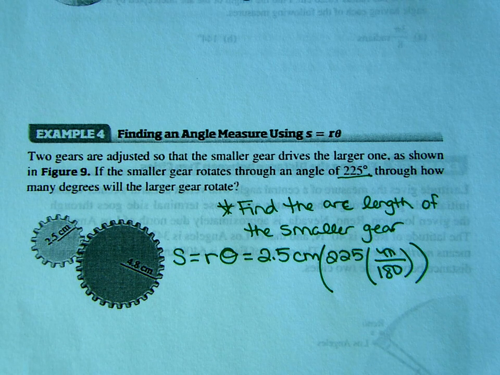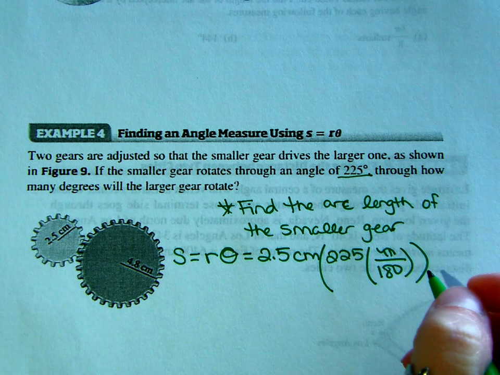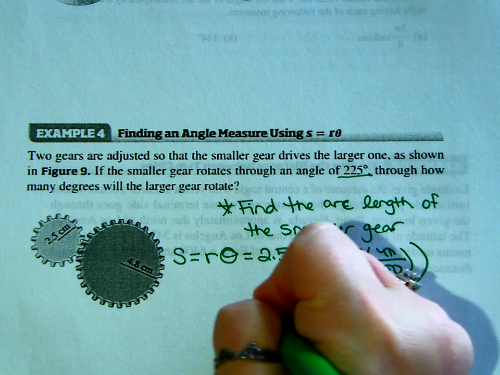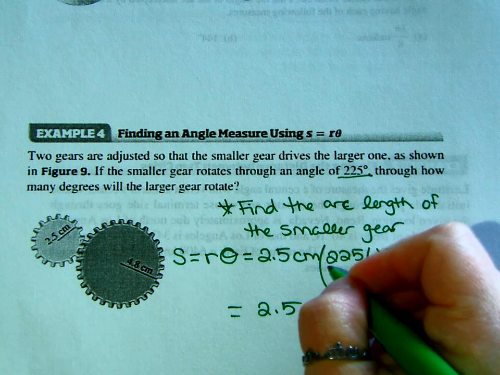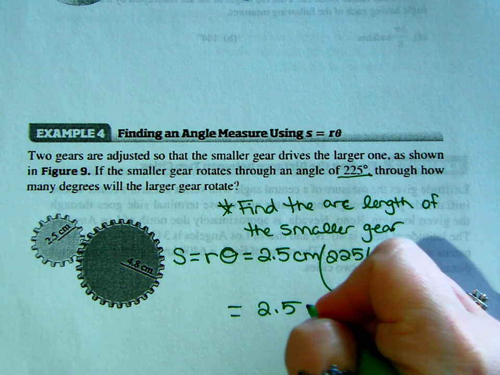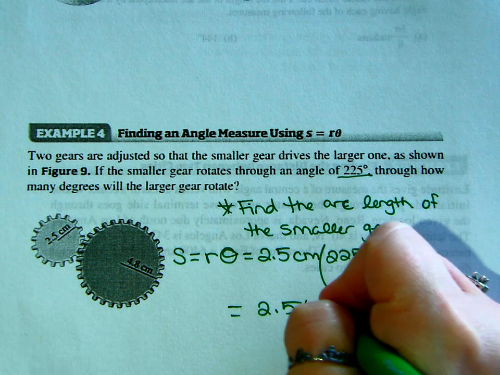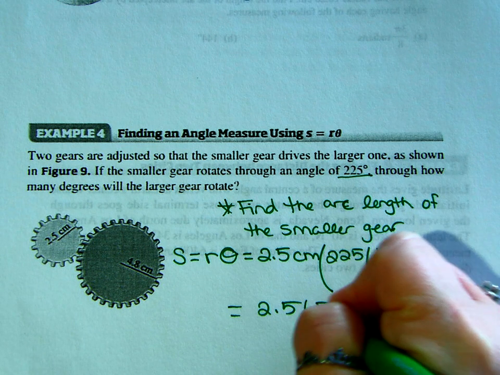2.5, and in this case, because we're not going to be done at this point, if you can keep it in terms of pi, it's going to be beneficial to you. So how do we keep it in terms of pi? Well, we would have 2.5, and 225 divided by 180, it does work out semi-nice in that we get 5 pi over 4.